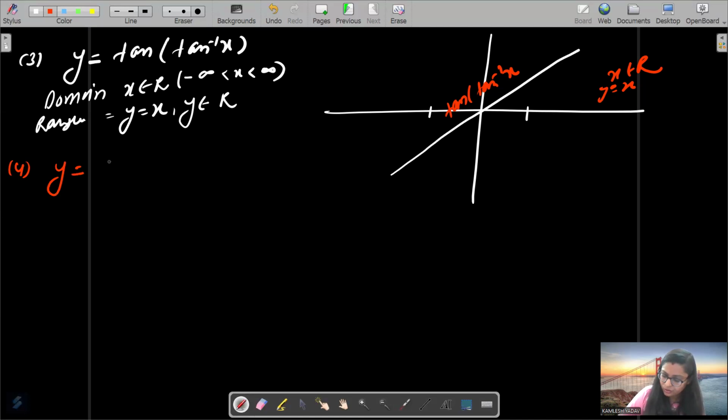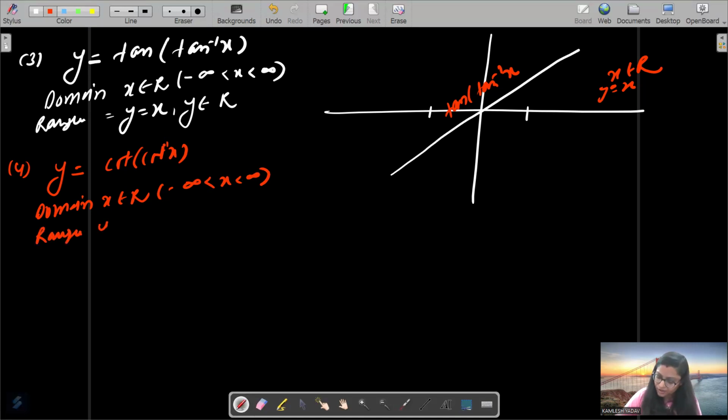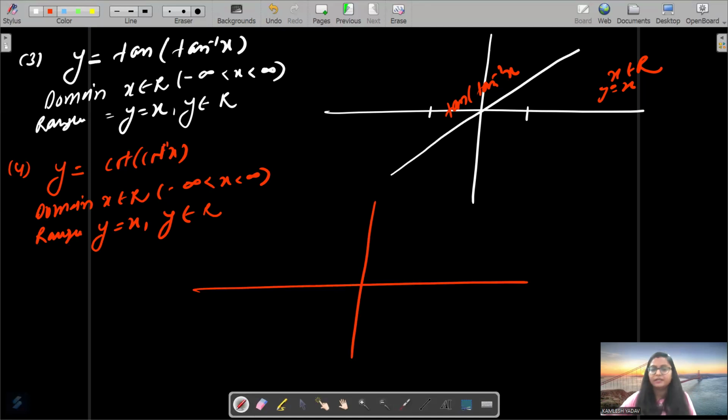y is equal to cot of cot inverse x. Then again the domain. We know that the domain of cot inverse x, x belongs to R. It means minus infinity less than x less than plus infinity. Then what about the range? The range, here y is equal to x and y belongs to R. So the graph can be plotted like that.